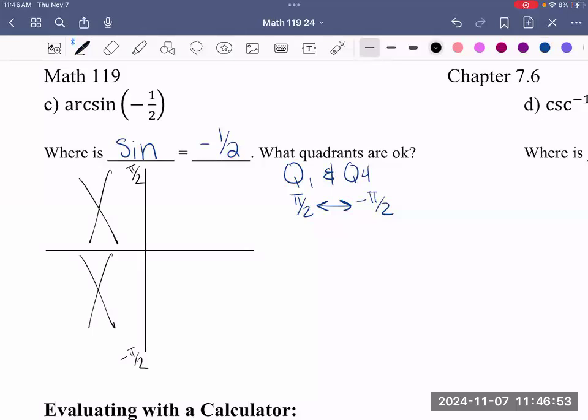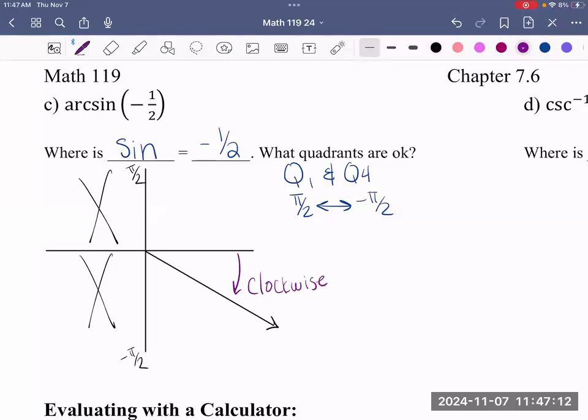So using what we know, we have a -1/2, meaning that I must be in this quadrant down here, my fourth quadrant. So my angle should be negative, since we've gone clockwise.